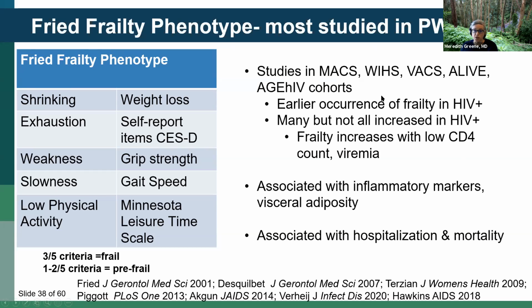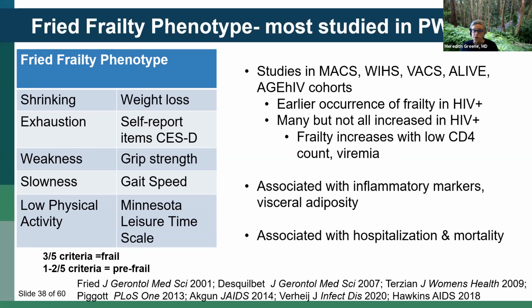What was shown in some of the earlier studies in the WISE and in the VAX and also in the ALIVE cohort is that the increased prevalence of frailty was driven by people who had lower CD4 counts or viremia, maybe not surprisingly. And frailty is associated with inflammatory markers. Some of the studies have looked at IL-6 and TNF-alpha.